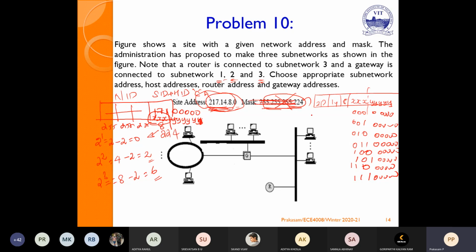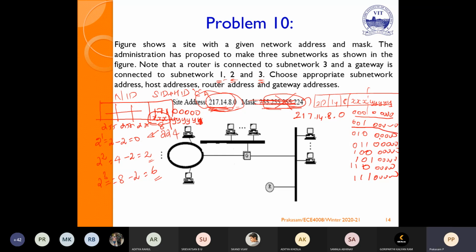Now the first 3 fields remain as they are: 217.14.8. Convert the last byte into the respective decimal.